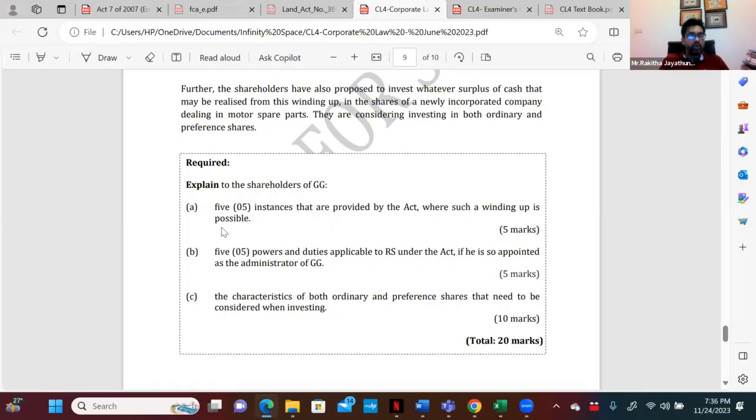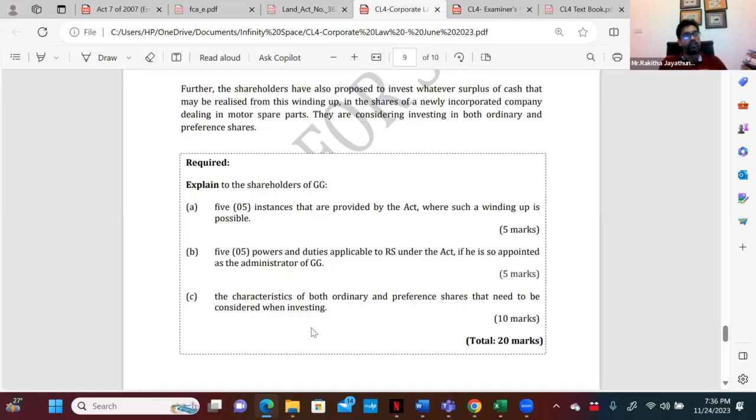First two, A and B, specifically say 5 powers, 5 rights and duties, then you have to give at least 5. Third one, are they referring to a number? No. That is because you can't have 10. So in a situation like this, if you can explain 3, even that is enough.